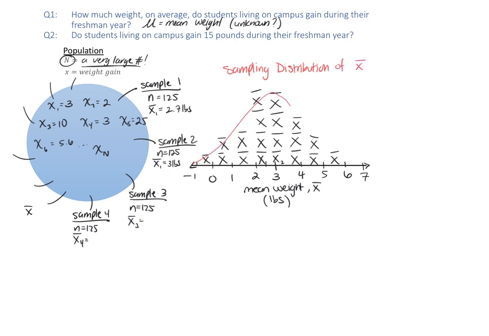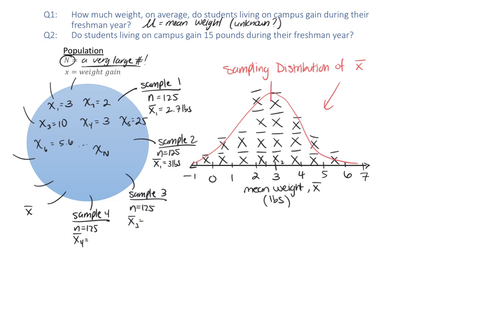It turns out that it is also normally distributed. So this is a very interesting concept. When I take samples of the same size from the population and calculate the sample mean, and I repeat this process many, many times and plot all those sample mean values, the distribution of those sample mean values is normally distributed. And so we know certain characteristics about normal distributions.